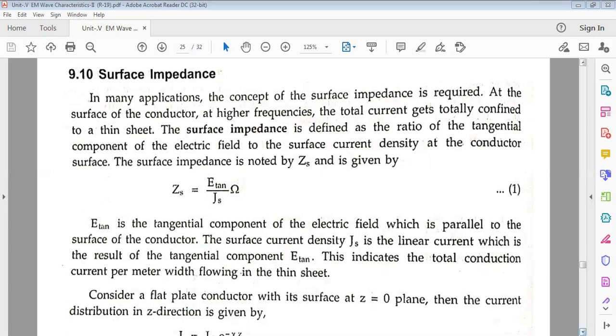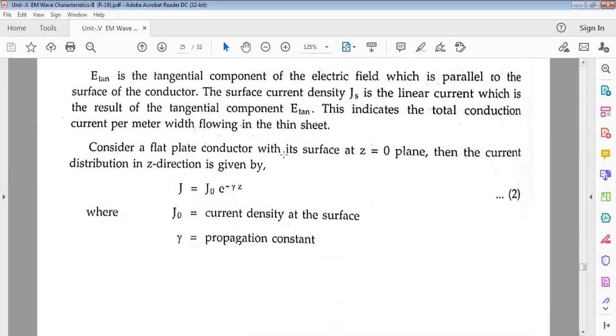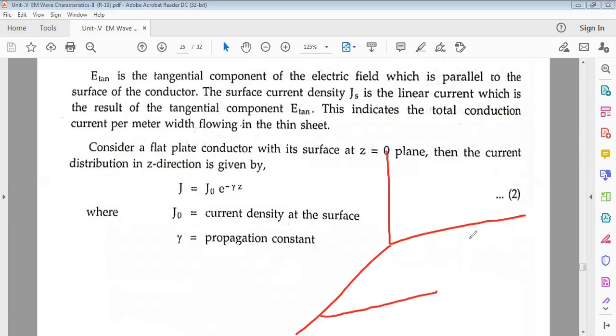Let us consider a flat plate conductor with its surface at the Z equals 0 plane. Z equals 0 plane means like this. There is a flat thin conductor at Z equals 0.